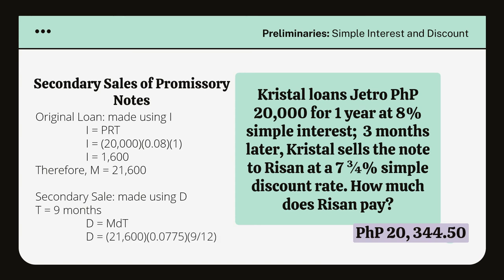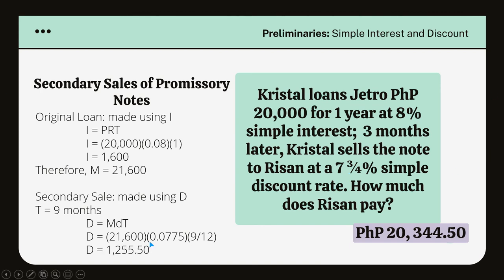Therefore, D is equivalent to MDT. The discount is equivalent to 21,600 multiplied by 0.0775 multiplied by 9 over 12. Where did the 0.0775 come from? Remember, this is the new discount rate, and it was not made because we deducted from somewhere. It is 7 3/4%.